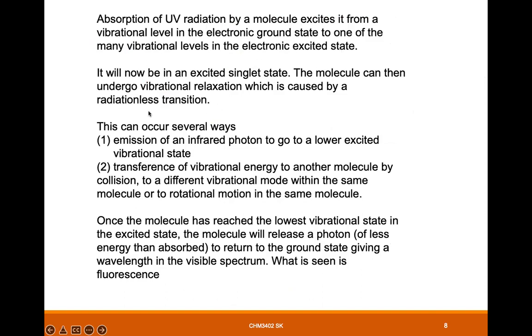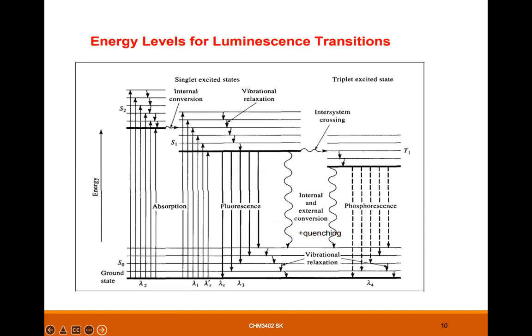But there are things that can happen to the electron. It does not necessarily go straight down to the ground level. What we have discussed before is that when the electron goes to the electronic excited state, it will undergo relaxation and go back to the ground state.